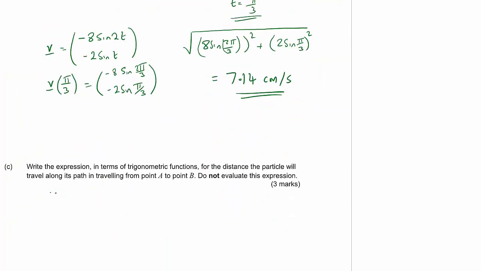So we want an integral, so the distance is going to be the integral from t equals 0 to t equals pi of the modulus of the velocity function.